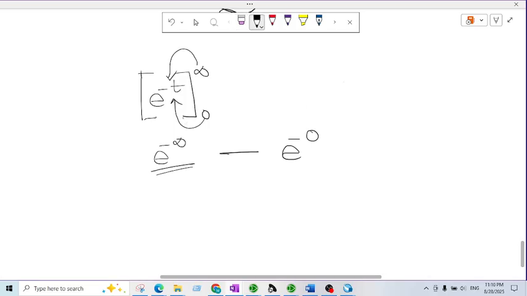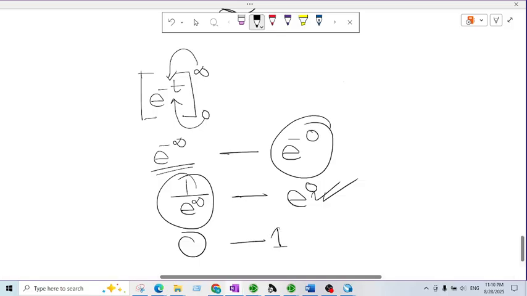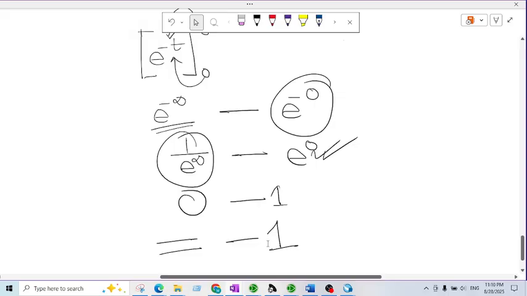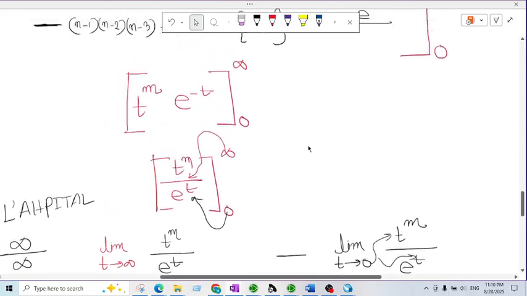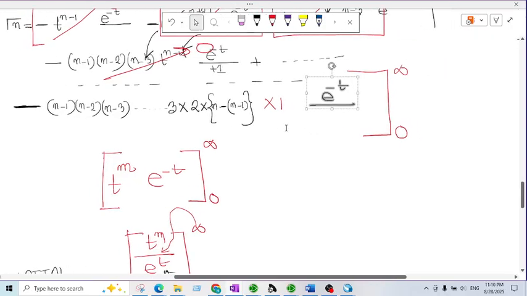So this is actually equal to 1 by e to the power infinity, and this is simply equal to e to the power 0. This term will be equal to 0, and e to the power 0 means 1. So the last term is equal to minus 1. Okay, so let's put this value minus 1 over here, and let's see what happens.